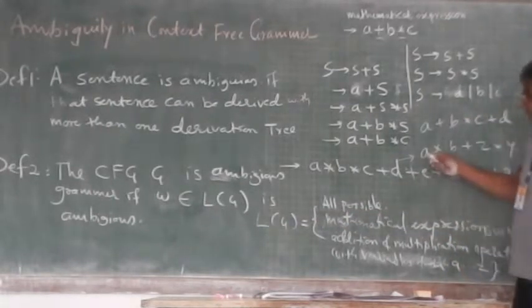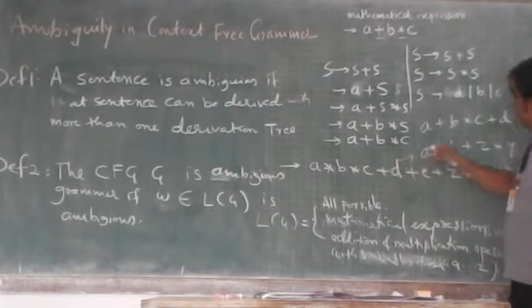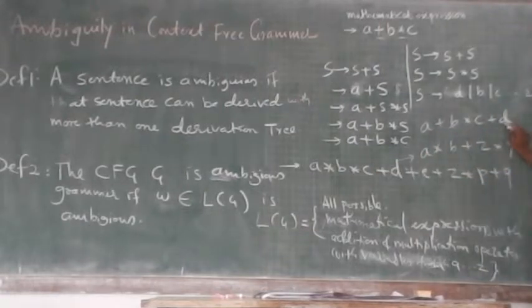Okay? And am I able to produce this particular sentence? Is it possible? Try to derive this sentence. All of you. Go for deriving this sentence. Boys, I am coming to check it.